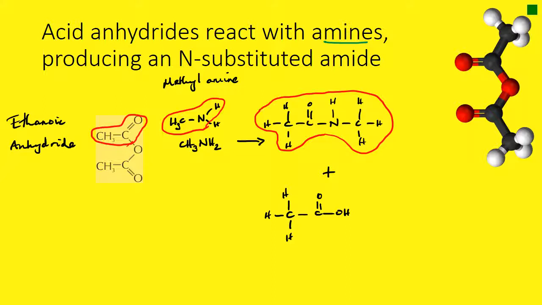That's what those two red bits make. And in green, that's our proton, and that gets together with the ethanoic part of our anhydride molecule to make our ethanoic acid, like so. Okay, and so that's the last reaction that we need to do, and you just need to remember that amines, when they react with acid anhydrides, make amides, and substituted amides.